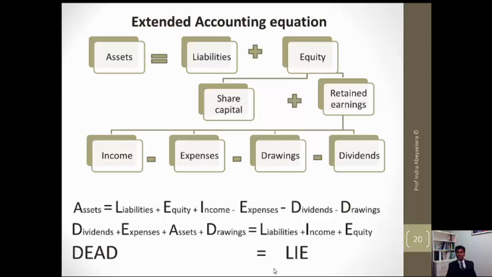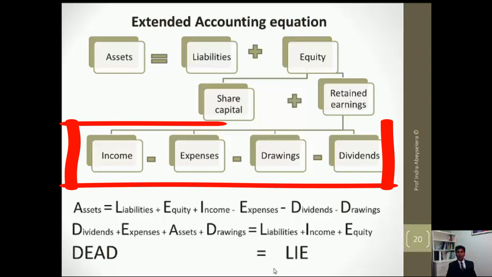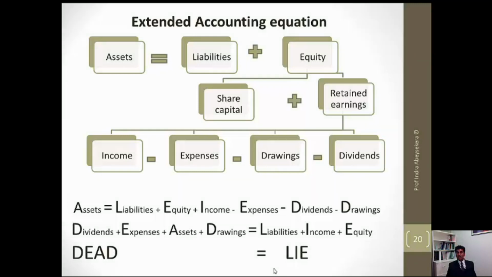This retained earnings increases with the organization earning income or making sales. It decreases because of expenses. It also decreases because owners may take some money for their personal use. They are called drawings. It also decreases when the organization decides to give some money away to the owners. They are called dividends.